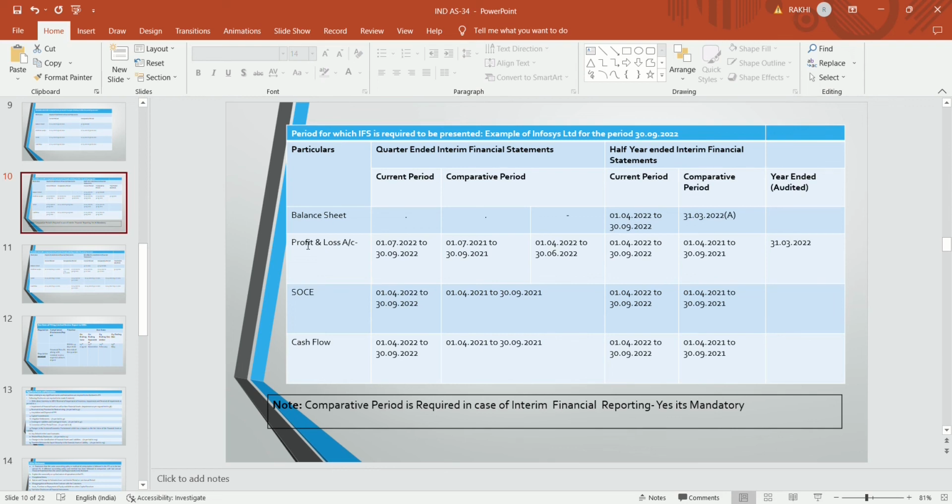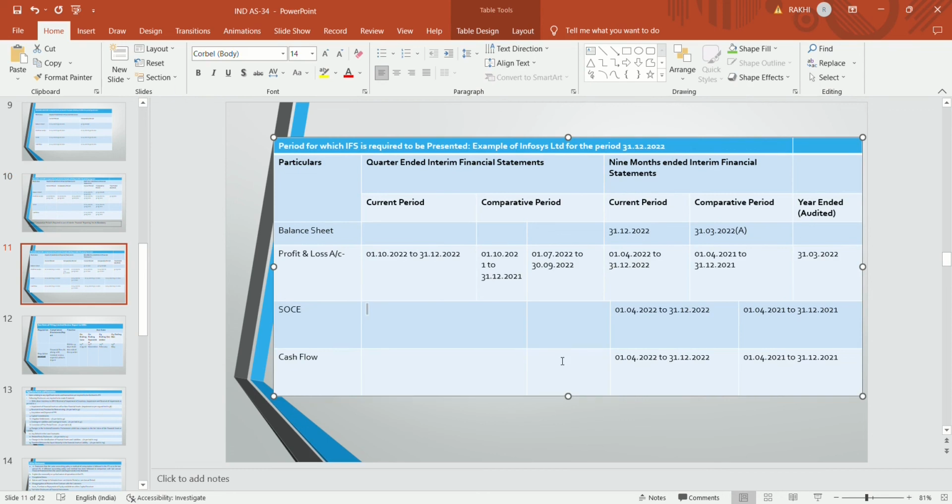The statement of change in equity is required to be prepared for this period, from 1st April to 30th September, and cash flows are also from 1st April to 30th September, and the comparative figure will be from 1st April 2021 to 30th September 2021.